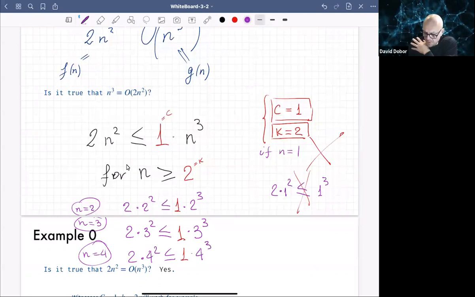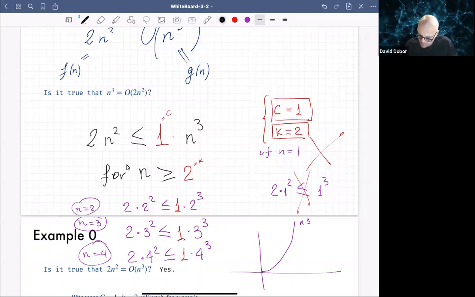If you want to draw a graph, here's what's happening. Here's the n cubed function. And here's 2n squared. 2n squared has to be steeper at first, so maybe it's like that. This is 2n squared, and this up there is n cubed.